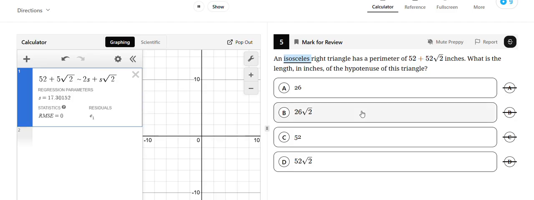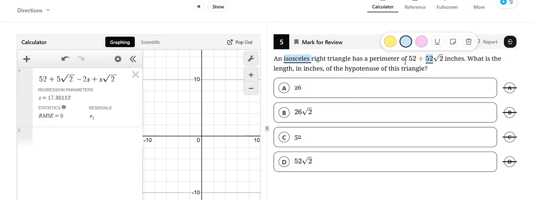You might be saying, well, since this is 52, then s is 52, right? Well, if s is 52, it wouldn't really work out. So I think it's best, because the hypotenuse value of s root 2 is actually not this expression right here.